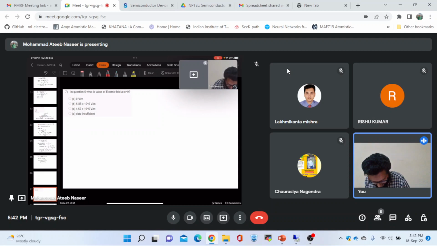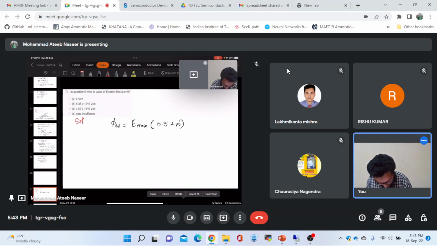So let us write down the solution simply, since it is related to the previous question in which we found the electric field maximum. It is equal to the built-in voltage divided by (0.5 plus W). This built-in voltage is 0.6.